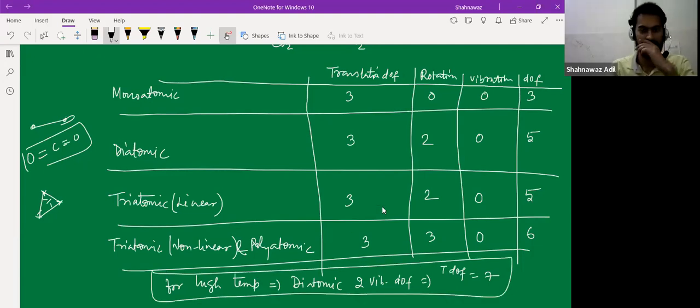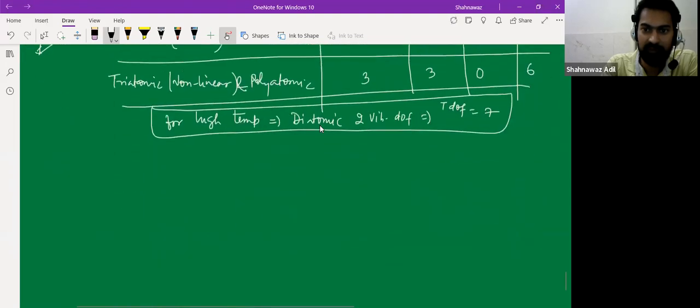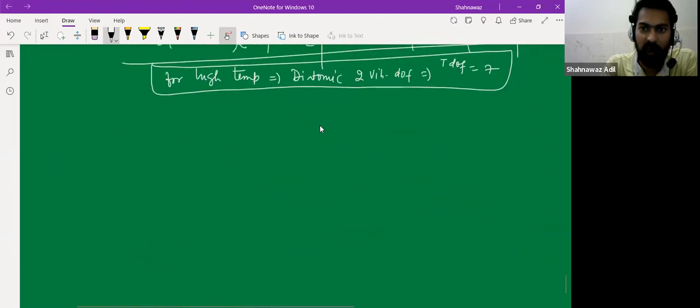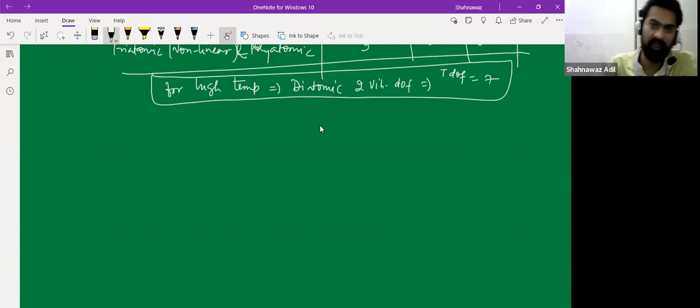Right, guys? So did you guys note it down? Yes, sir. Any question in this part? No, sir. Right. So why are degrees of freedom so important?